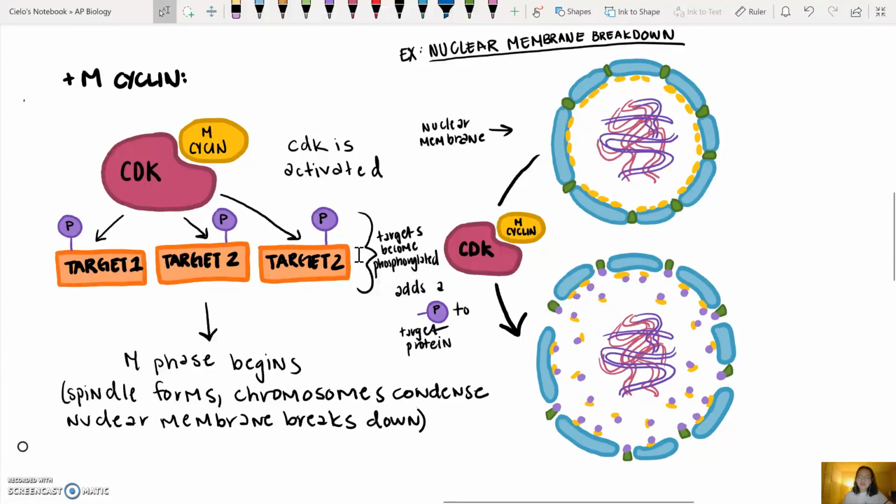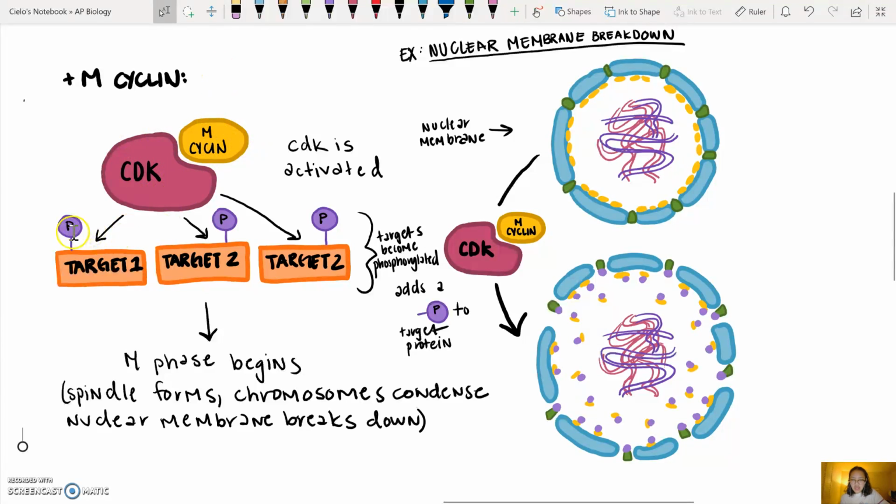This is responsible for moving the cell past the G2 checkpoint into the M phase. The M cyclin would build up, and when the G2 phase transitions to the M phase, it will bind with the CDK to form a complex.